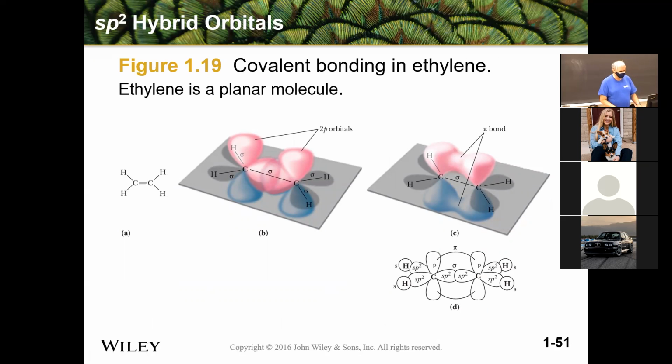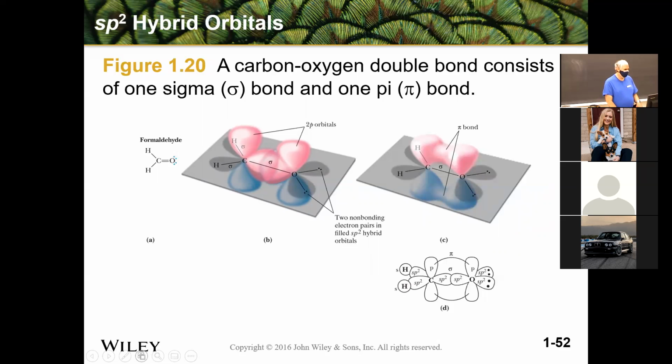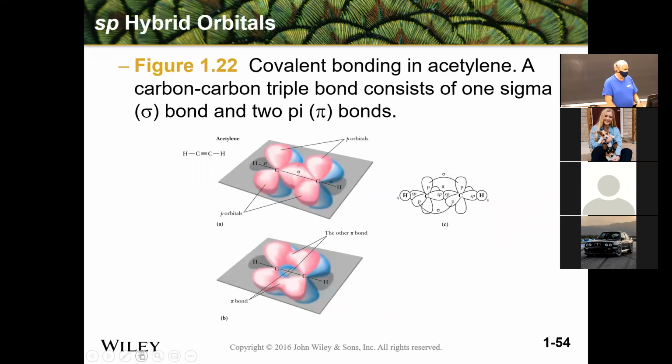In pi bonds, 2 lobes are overlapping. Okay, and there's a couple of different representations here. If we have a triple bond, as in acetylene, there's 1 sigma and 2 pi bonds. That's where we get the 3 bonds.